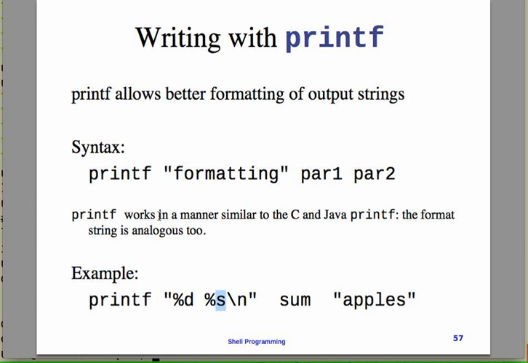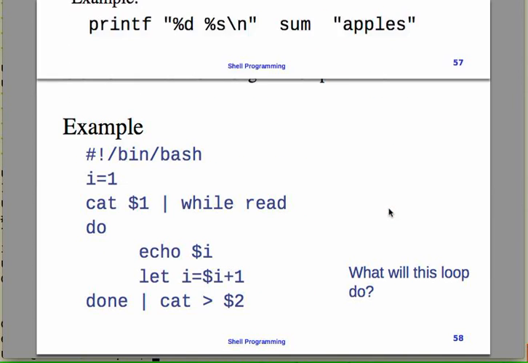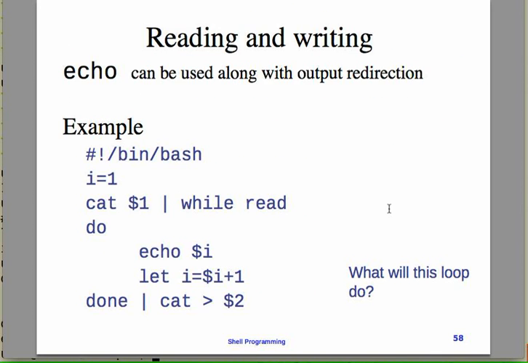It's very similar to the way C and Java use printf, and the format string usually has the same basic idea. If you want to do more formatting, that would be the way to go about having a nicely formatted file. Maybe it might be simpler than echo.